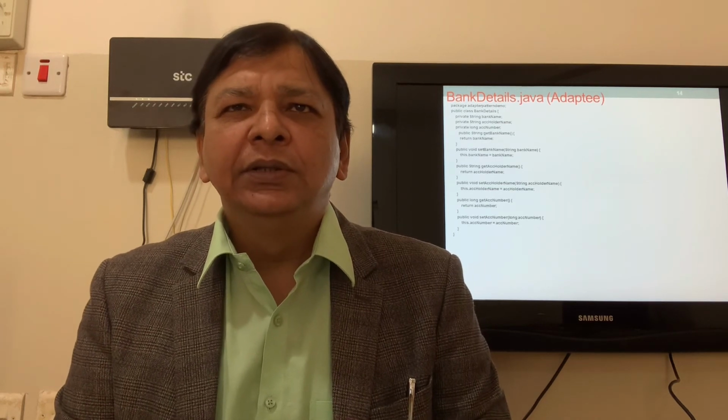And then you have the adaptee, BankDetails.java. So public class BankDetails, String bankName, String accountHolderName, long accountNumber. These are the attributes I defined. Then I define methods, public String getBankName, return bankName, public void setBankName(String bankName), this.bankName is equal to bankName.